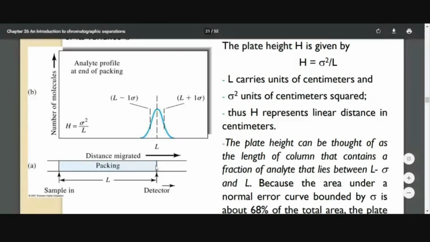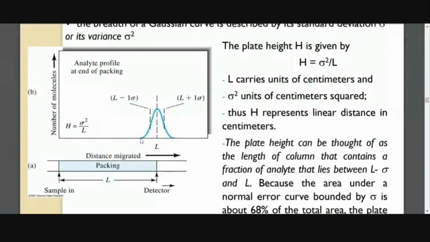When the compound is detected by the detector, you are going to plot this particular curve when the entire compound is getting over. When the compound is eluting from the column, you will get a graph like this.